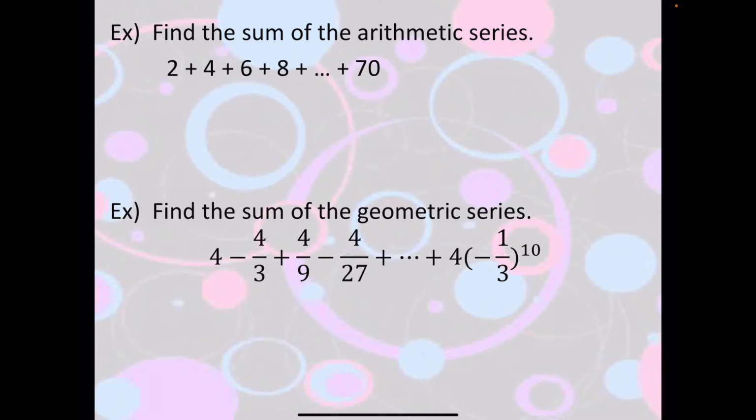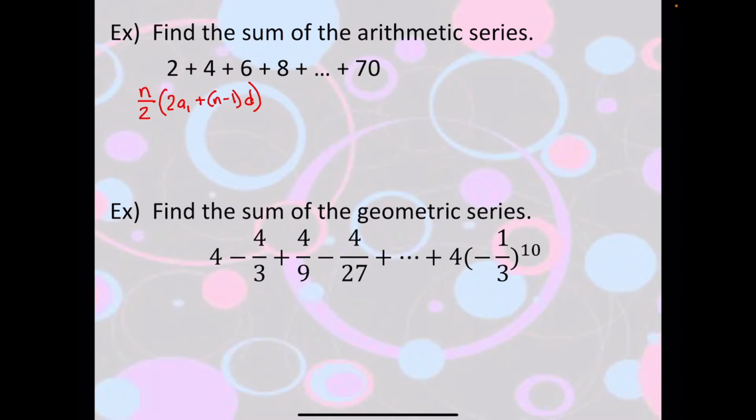All right, so if we are finding the sum of this arithmetic series, then that means I'm going to have to use our formula, n over 2 times 2 times a sub 1, the first term, plus n minus 1 times the common difference. And I'm going to have to substitute those values in.